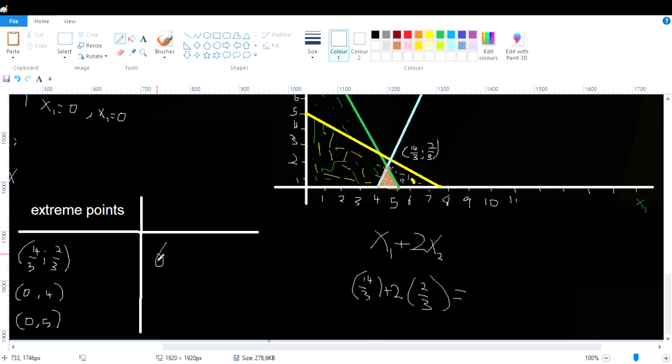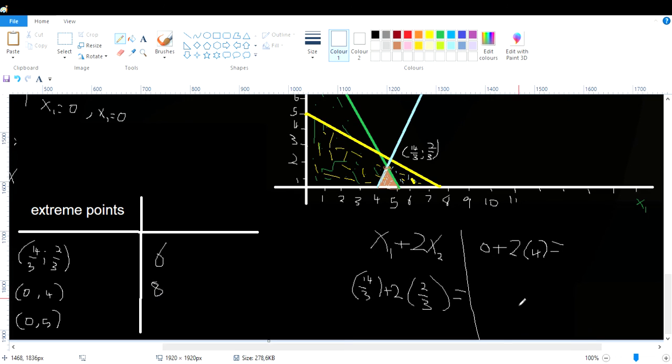Then let's substitute these points. Here is 0 plus 2 times 4, so the answer is equal to 8.